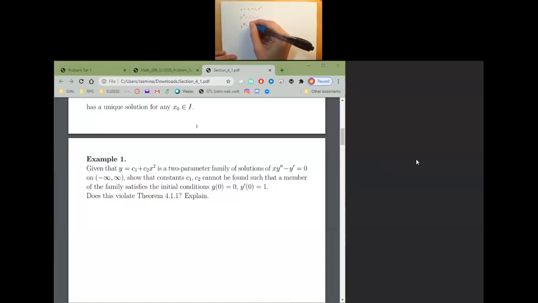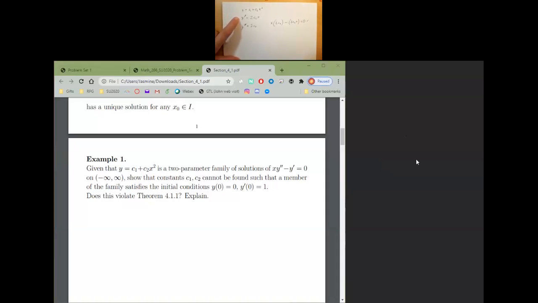Y double prime will be 2C2. And so x times y double prime, 2C2x, minus y prime, 2C2x equals 0. So we can check that this is a solution easily enough.